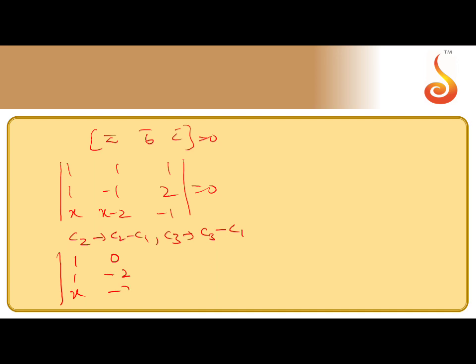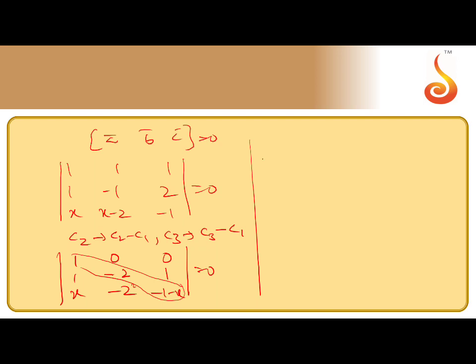Here X cancels, minus 2. Next 0, 2 minus 1 is 1, minus 1 minus X equal to 0. Now we can expand the determinant along the first row, because these two are 0, so you can find the value of determinant directly.